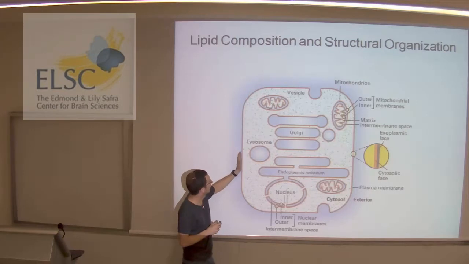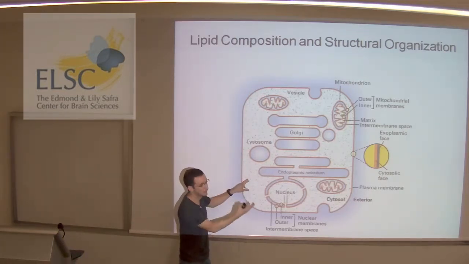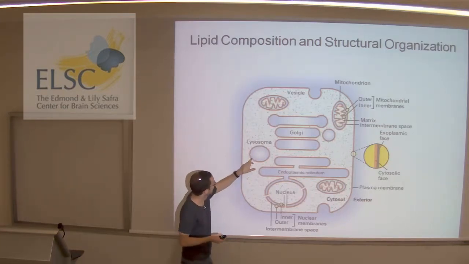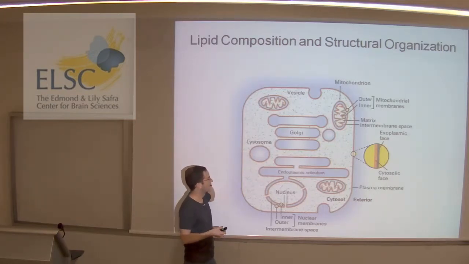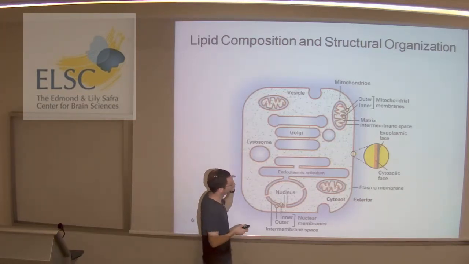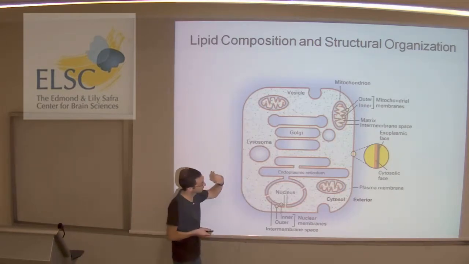This is where you find the exoplasmic lipids, as opposed to the cytosolic lipids, which are the intracellular lipids. So black here and black here, because you bend this membrane internally, and then you get this structure.